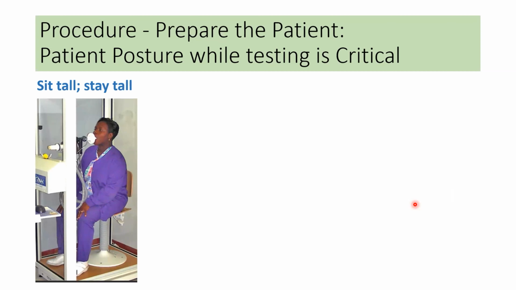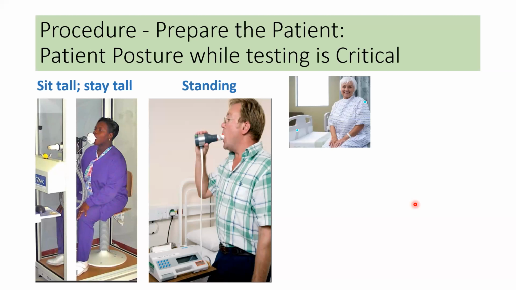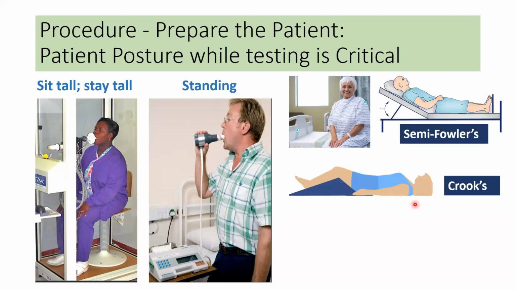For handheld spirometers, the flow tube should be level to the floor. If testing is undertaken with the patient in another position, this must be documented in the report. Tests done while standing are similar to sitting in studies of adults, obesity, and children. Fowler's position, sitting on the side of the bed with head and torso up, yields higher values than supine or Crook's position in most studies involving healthy patients with heart, lung, and neuromuscular disease.